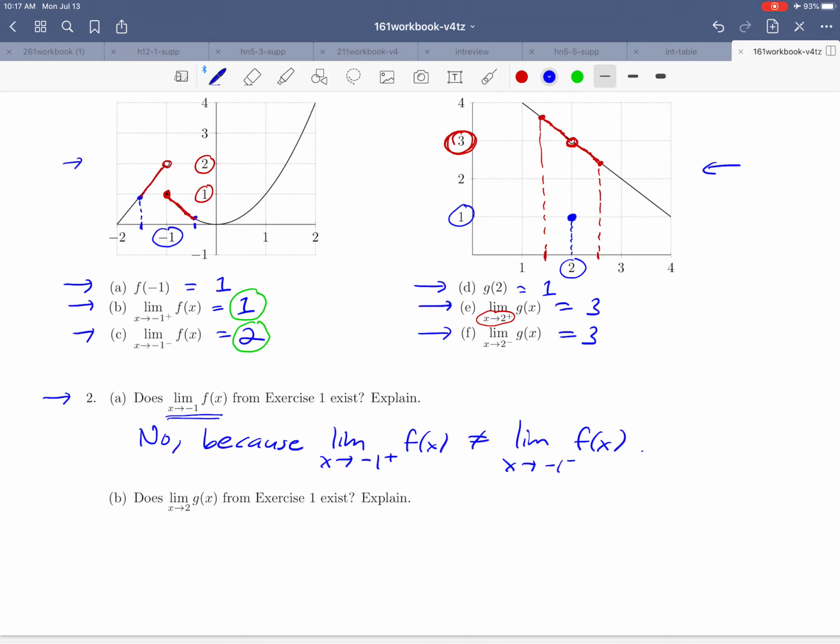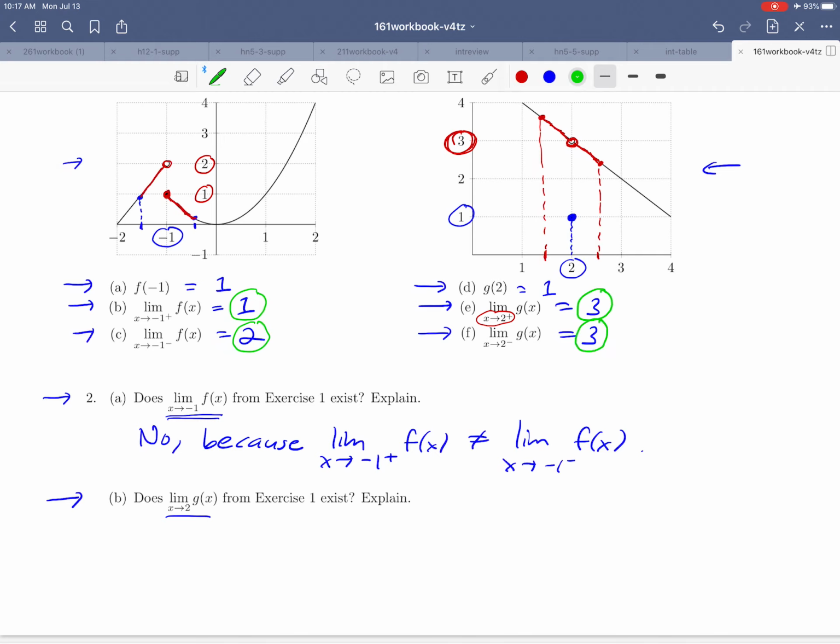Okay, what about part B? Does the limit as x approaches 2 of g of x from exercise 1 exist? Well, same idea there. We're just asking if we approach 2 from the right and from the left, do we get the same number? Well, notice that in this case, we got 3 from the right, and we also got 3 from the left.